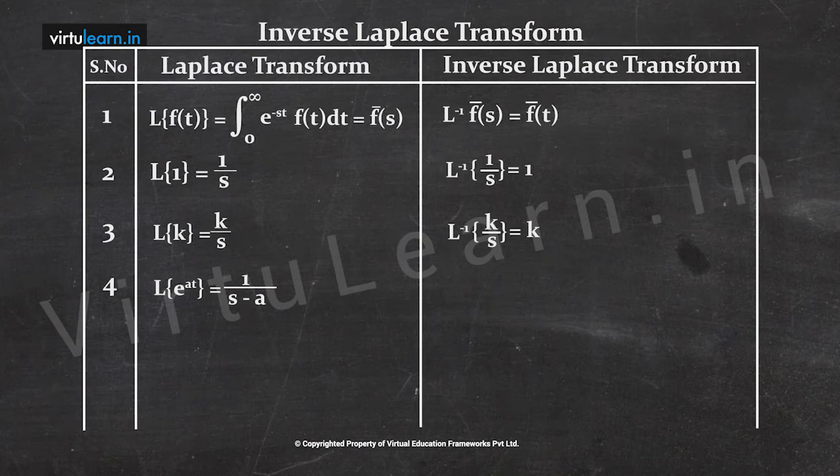Immediately I am writing the inverse Laplace transform of this formula. L inverse of 1 by s minus a, the question should be in terms of s. That's why I am writing like this. L inverse of 1 by s minus a, the remaining thing is e power at. Again in the same way, Laplace transform of e power minus at equal to 1 by s plus a.